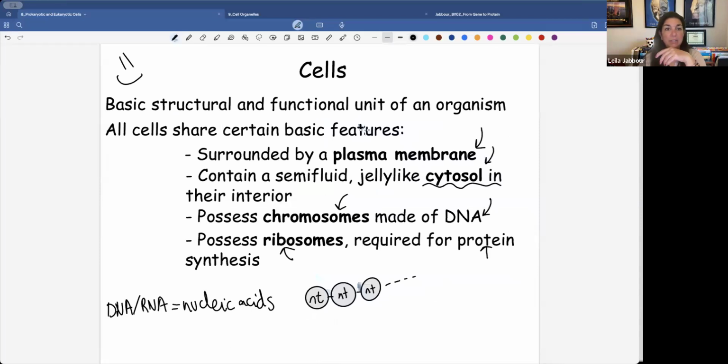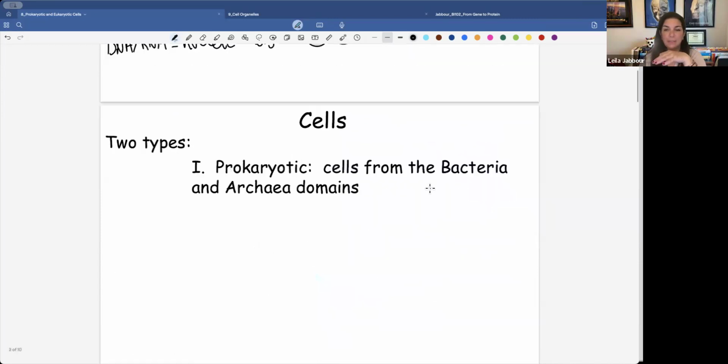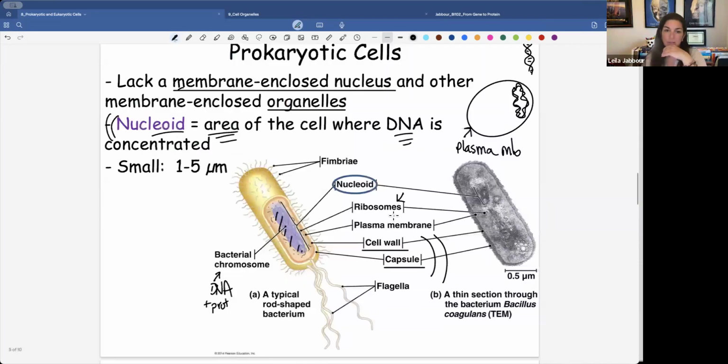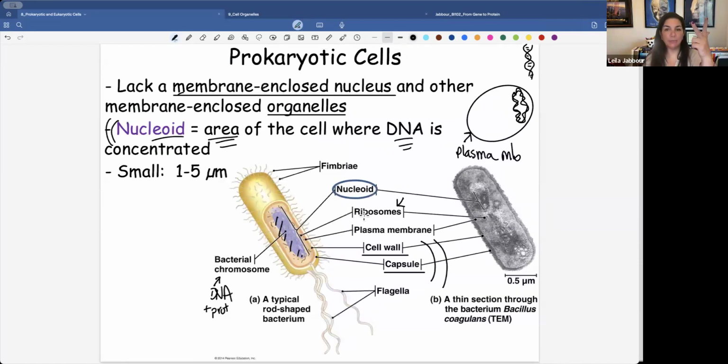So when we say all cells have these basic features, that means every single cell has ribosomes, chromosomes, cytosol, and a plasma membrane. All right. Prokaryotes, what else? That's it. Nucleoid region and a plasma membrane and free ribosomes.